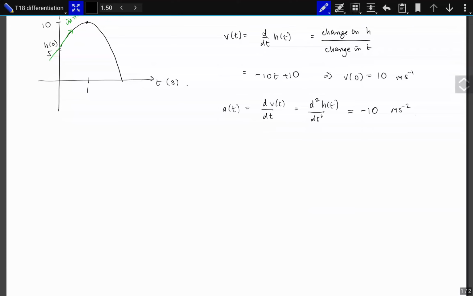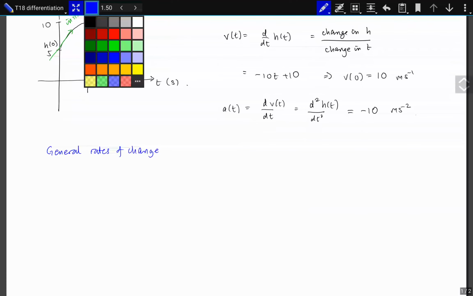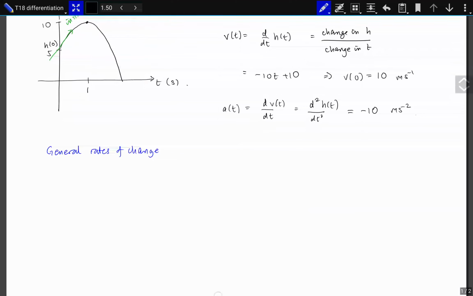As a remark, for general rates of change, the idea is that differentiation is the linear approximation. Suppose I have a function which is actually straight, so it's linear, then the rate of change at any time is the same.